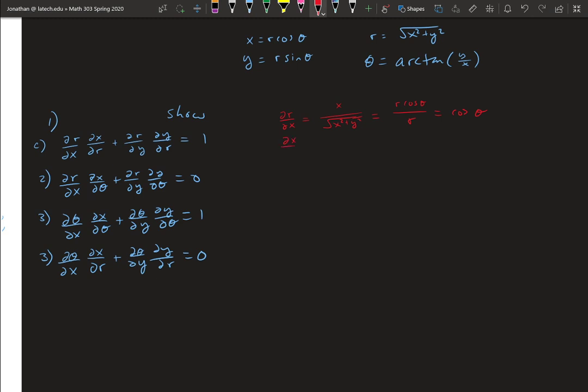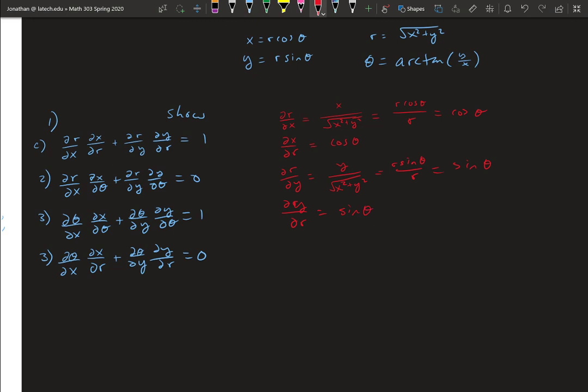Partial x, partial r is this cosine theta. Partial r, partial y is y over square root of x squared plus y squared, which would be r sine theta over r, which is sine theta. And then lastly, partial y, partial r would be sine theta.